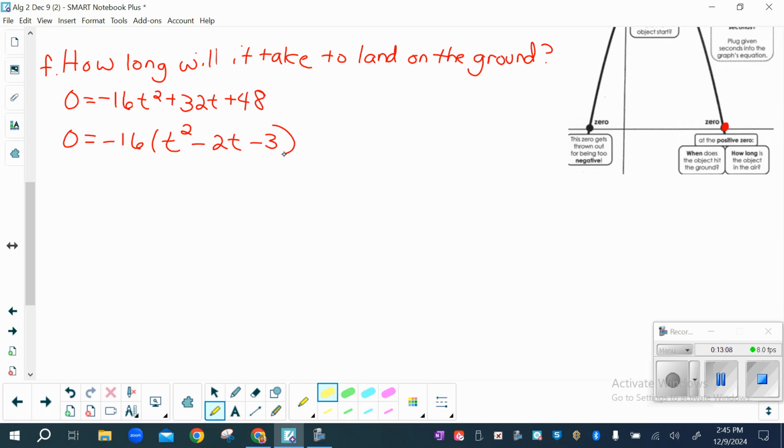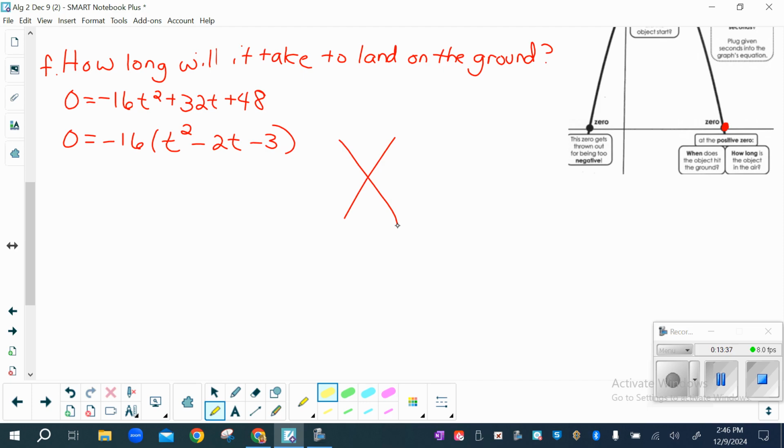We want to keep factoring this. We just factored out a greatest common factor. How do we factor that? It's a quadratic polynomial, right? We've been doing a lot of that. What number goes on the top?